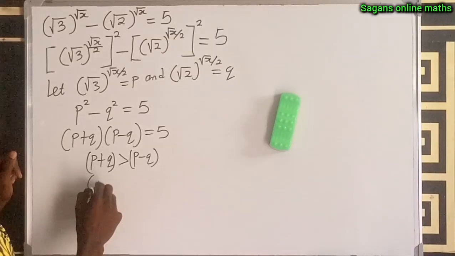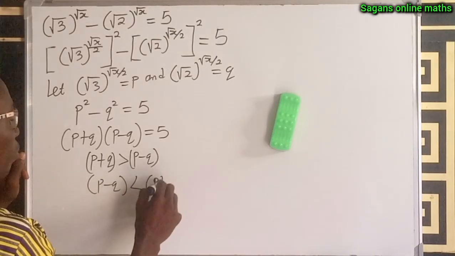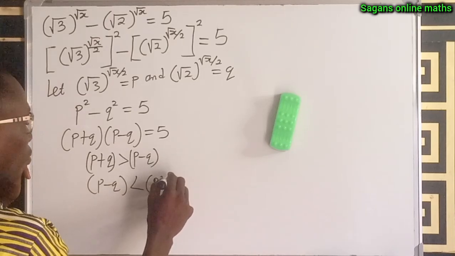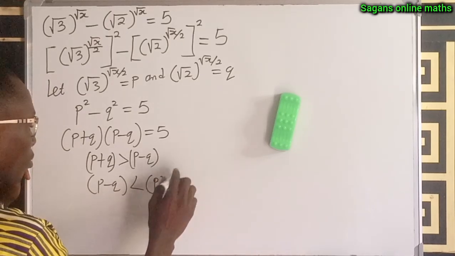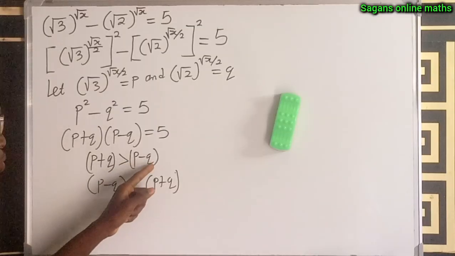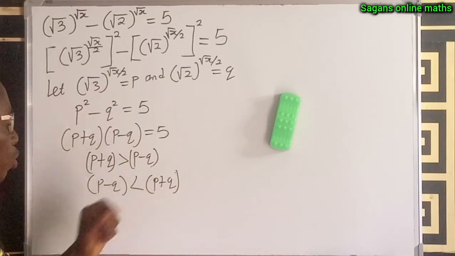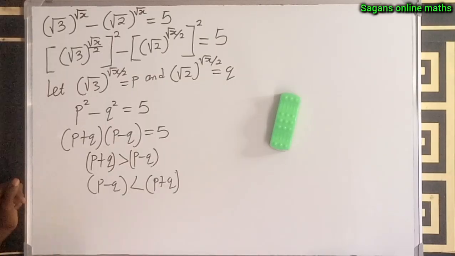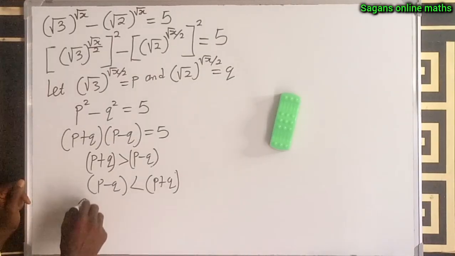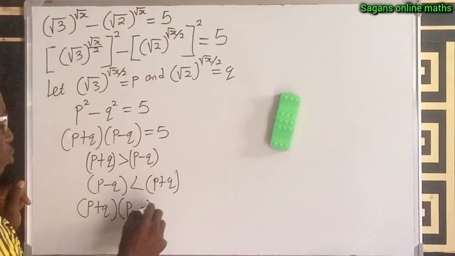That means p minus q is less than p plus q, right? Fine. That means p plus q is greater than p minus q. It means that p minus q will be less than p plus q. Then what are we going to do? That means p plus q multiplied by p minus q will be equal to.